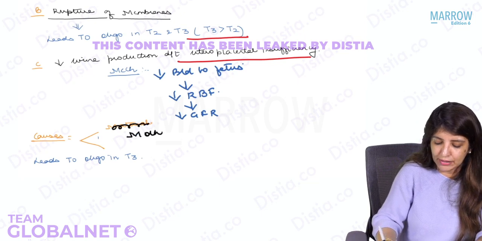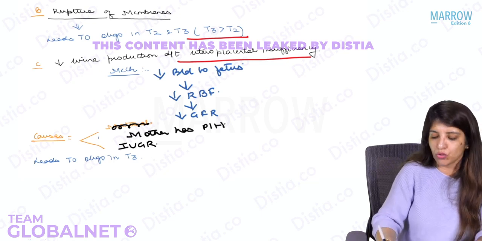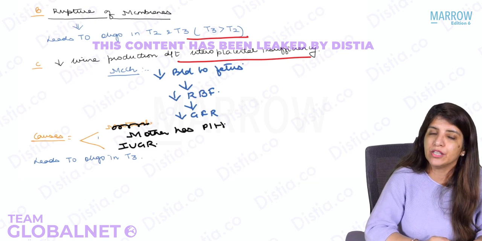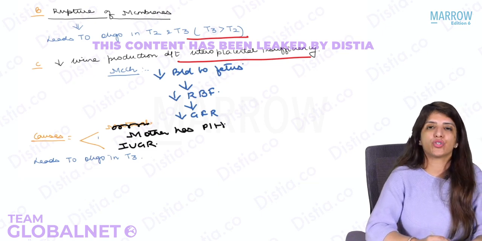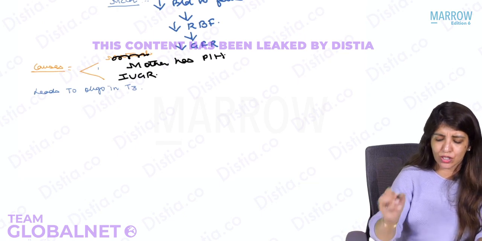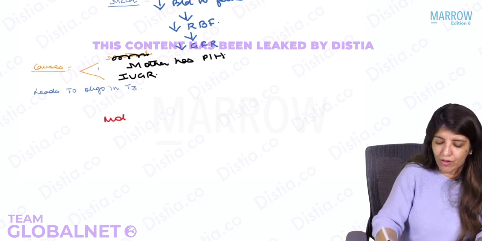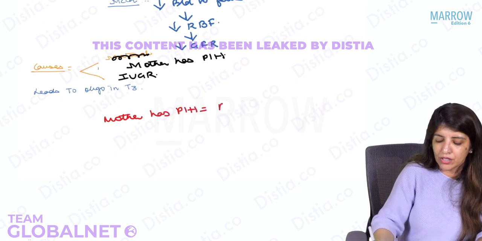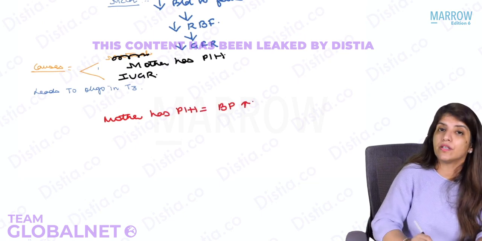So, if mother has pregnancy-induced hypertension or if there is intrauterine growth restriction in the fetus, both these are causes of uteroplacental insufficiency. I just need to explain to you a small bit over here. So, if mother has PIH, that means BP in the mother is increased.